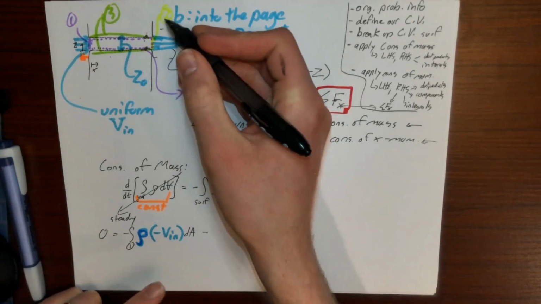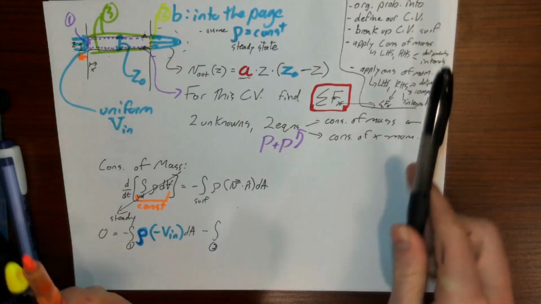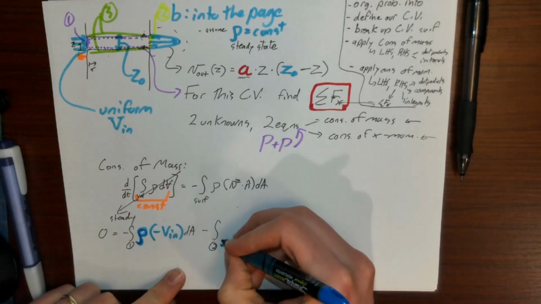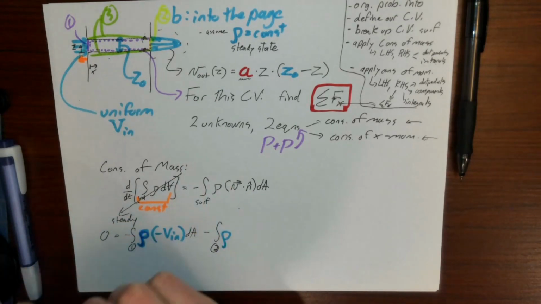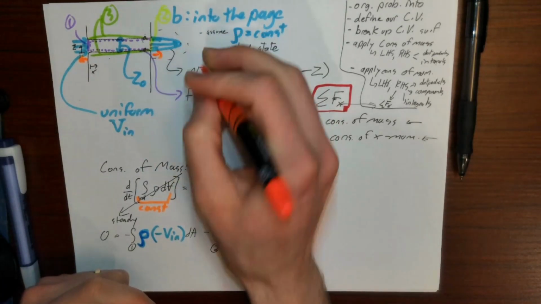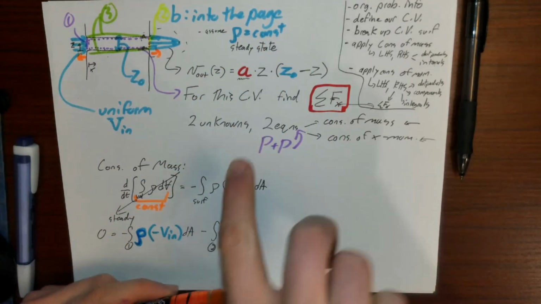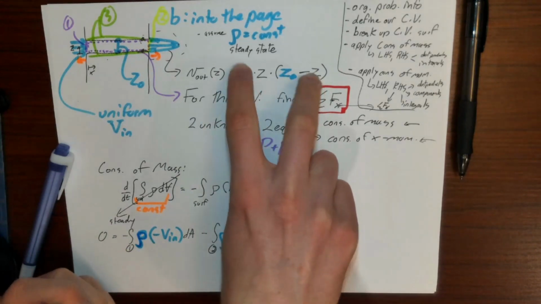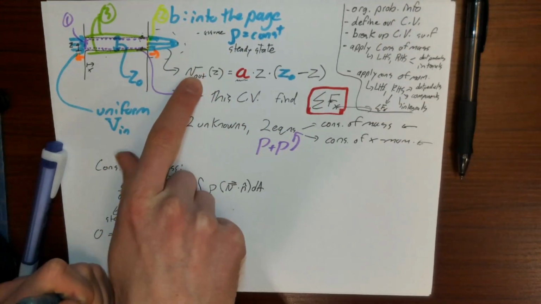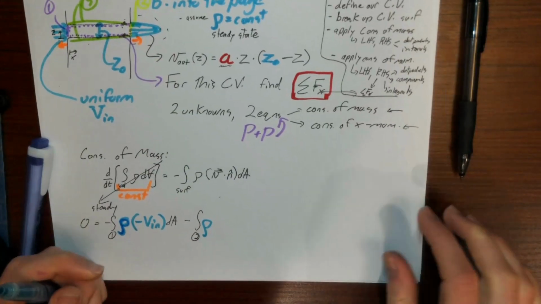Next, we have surface 2 right here. So we have an integral over surface 2. Still have rho. And in this case, n points to the right. But there's not some single variable v that we can plug in here. Instead, we need to plug in this whole function for v out. It's the positive version of this function because n and v out happen to be pointing in the same direction.